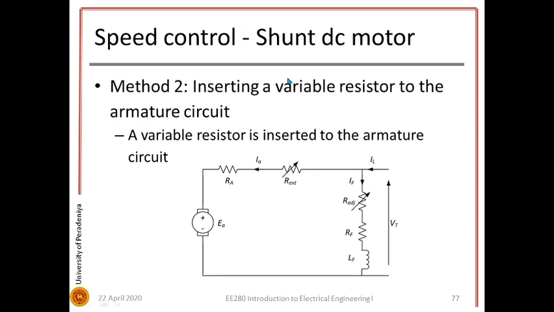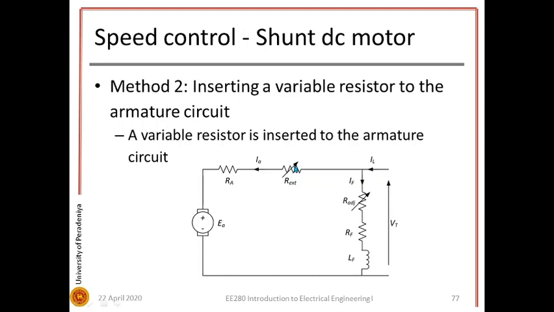Second method is inserting a variable resistor into the armature circuit. So normally this is the armature circuit. So now you have an external resistor connected in between the armature winding and the supply. So your field circuit is not interrupted, you are only interrupting the armature circuit.